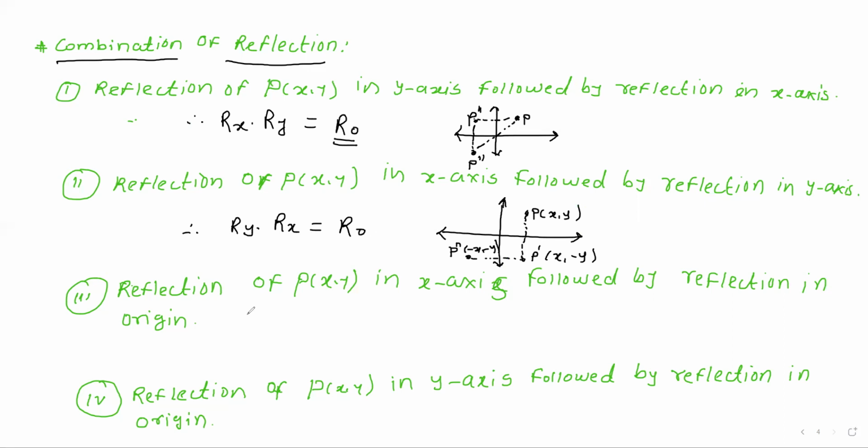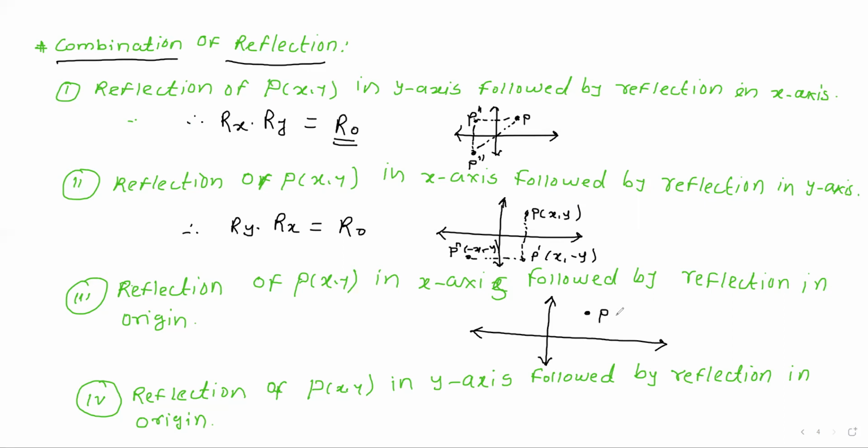Let's see the third point, reflection of P in x axis followed by reflection in the origin. Again draw the diagram. The point is here.